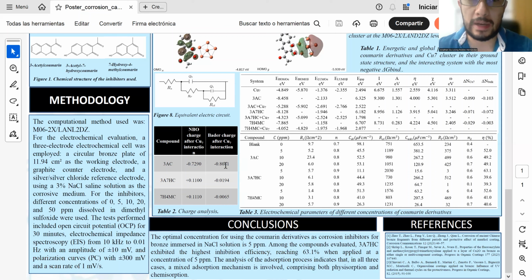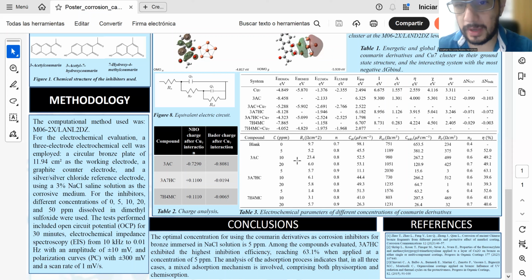And well, we can see here how is going to be the interaction in this case. Okay, for the Bader charge, we used it to confirm the results obtained in the MBO charge, and we can see that the Bader charge corresponds with the electron donating ability obtained for copper, and the results are how we wanted them to be.